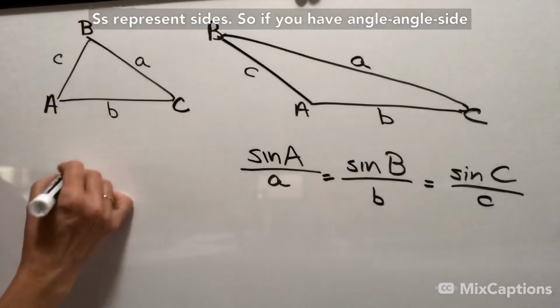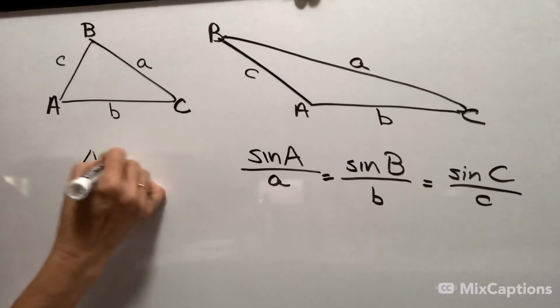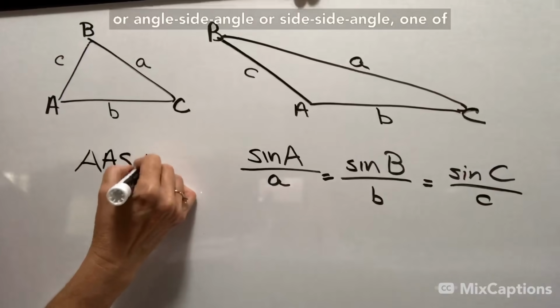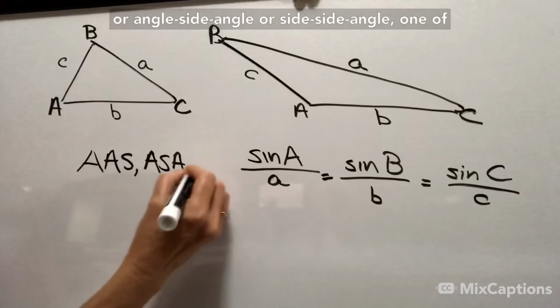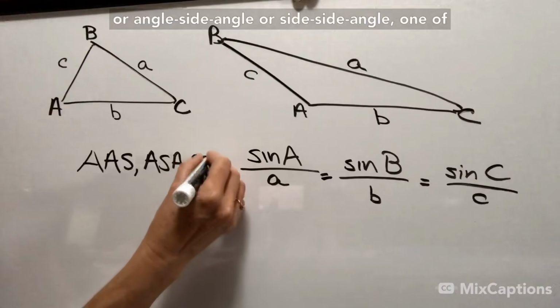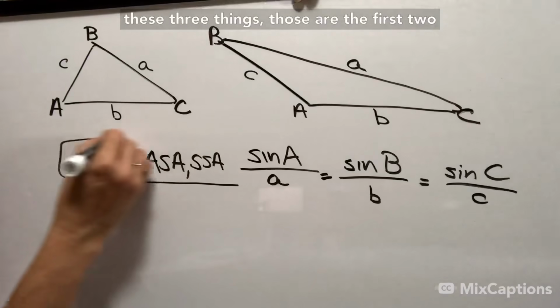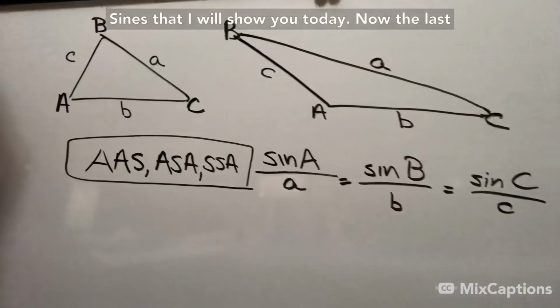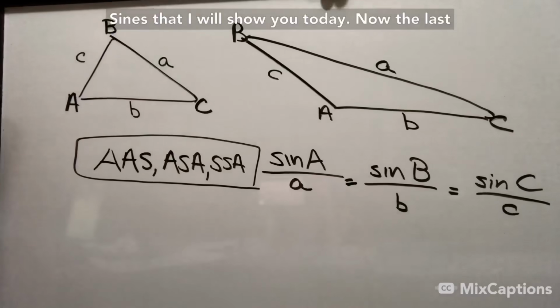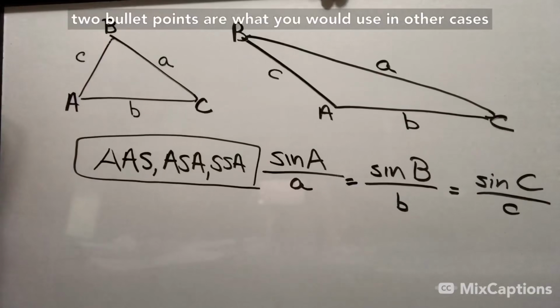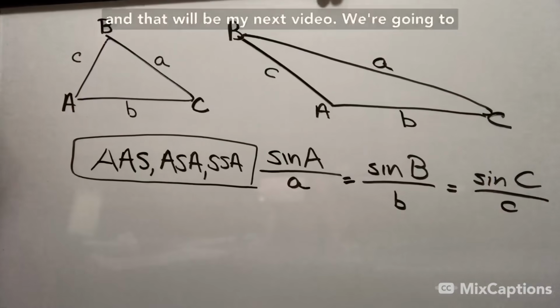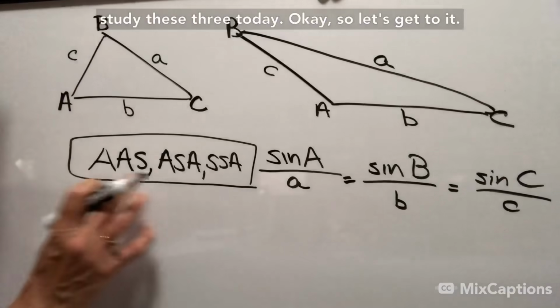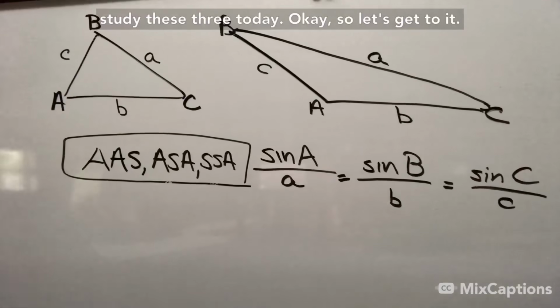If you have angle angle side, or angle side angle, or side side angle, one of these three things, those are the first two bullet points, you're going to use the law of sines that I will show you today. The last two bullet points are what you would use in other cases, and that will be my next video. We're going to study these three today. Okay, so let's get to it.